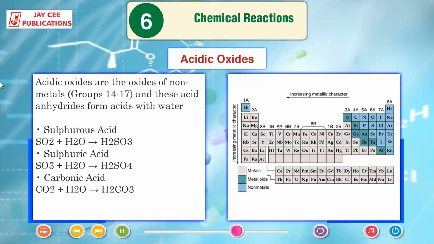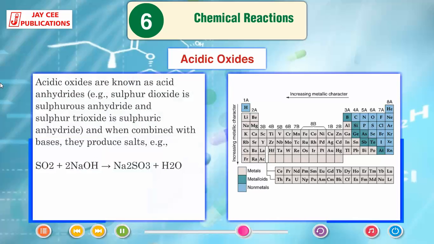Acidic oxides. Acidic oxides are the oxides of non-metals, groups 14 to 17, and these acid anhydrides form acids with water. Sulfurous acid: SO2 plus H2O gives H2SO3. Sulfuric acid: SO3 plus H2O gives H2SO4. Carbonic acid: CO2 plus H2O gives H2CO3.